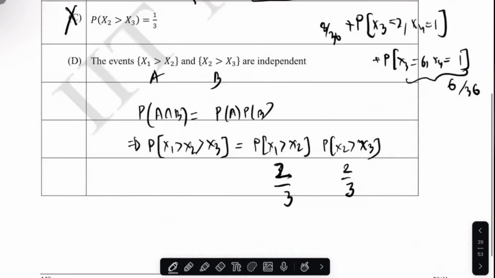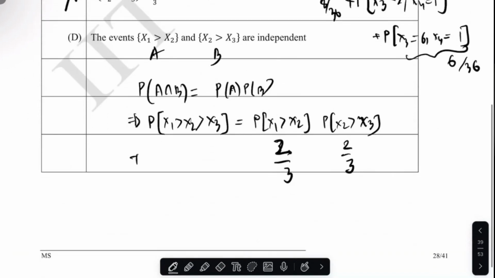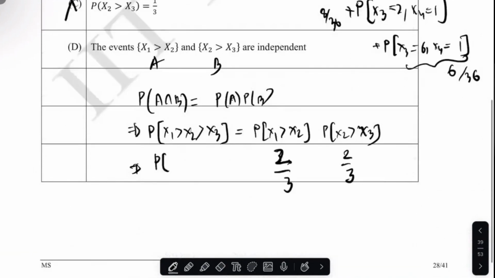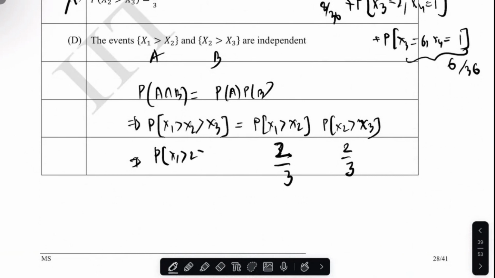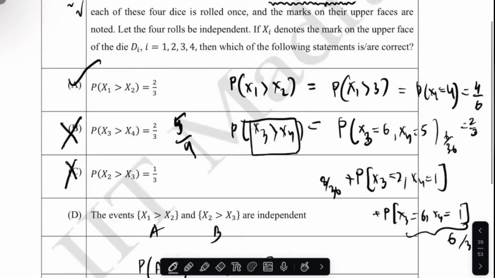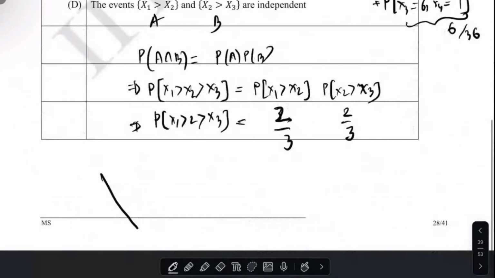Now, what is the probability that X1 is greater than X2 and X2 is greater than X3? X2 is 3, so X1 is greater than 3 and X3 is less than 3. Let's plot X1 here and X3 here.